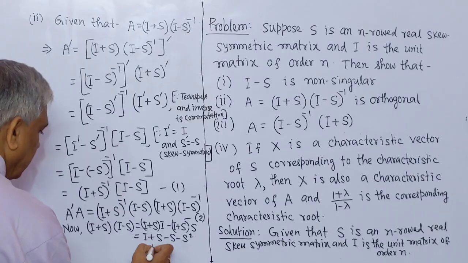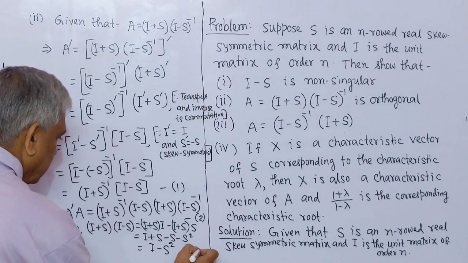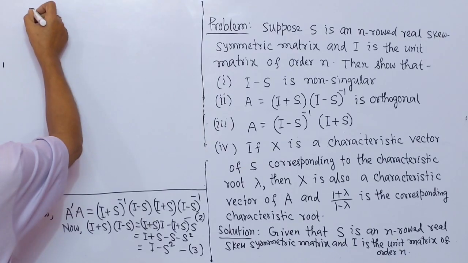This is equal to I minus S square. This is number 3.